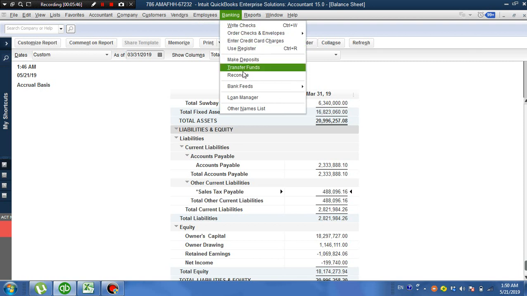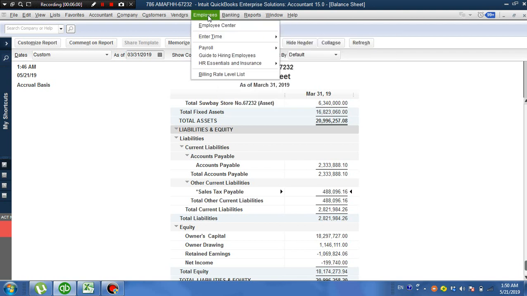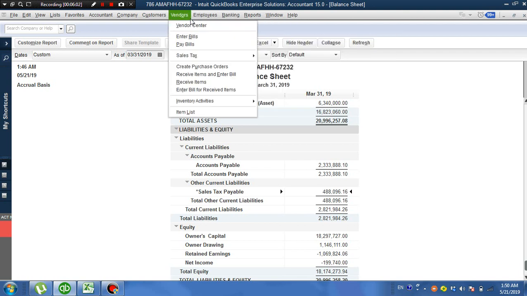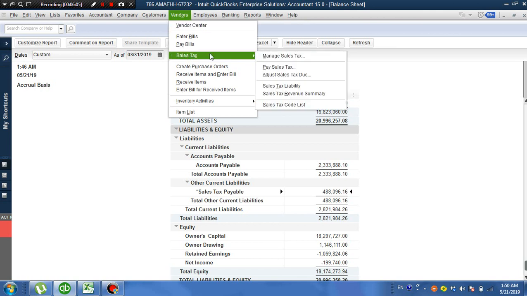In the banking section there is use register, make deposit, employees, vendors, sales tax, manage sales tax, pay sales tax, adjust sales tax due, sales tax liability, sales tax revenue summary, sales tax code list.